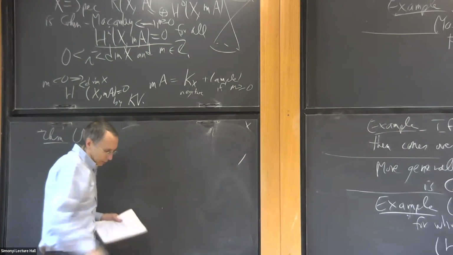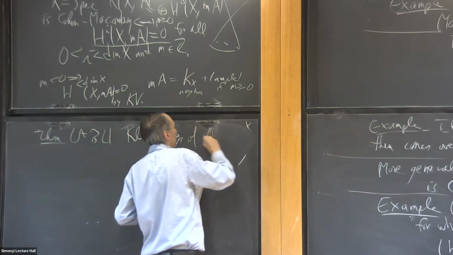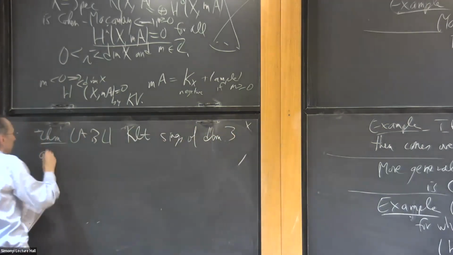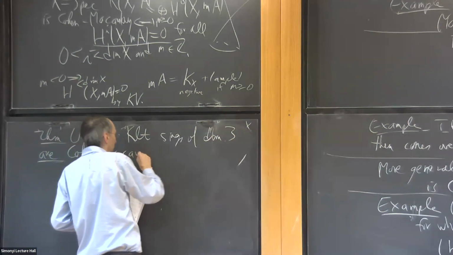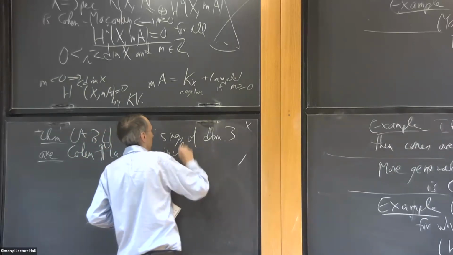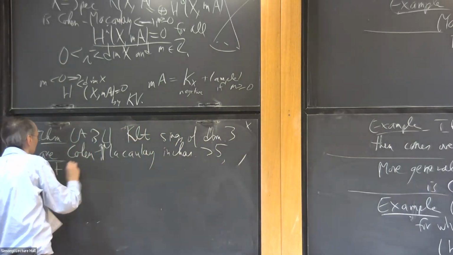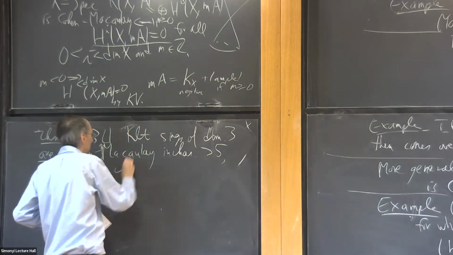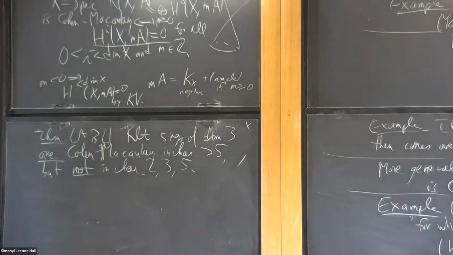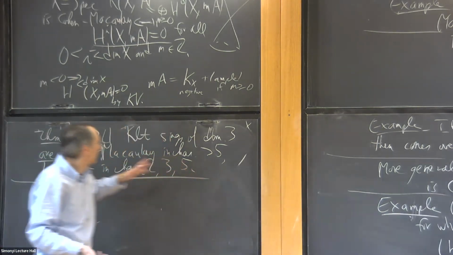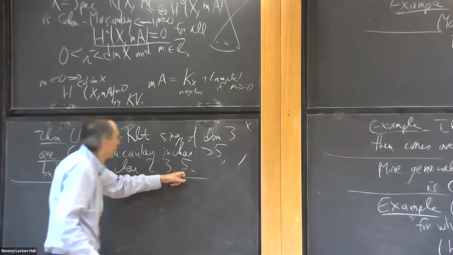Those authors show that KLT singularities of dimension 3 are Cohen-Macaulay over a perfect field of characteristic greater than 5, but not in smaller characteristics, with counterexamples in characteristics 2, 3, and 5. Okay, so obviously this has something to do with the fact that the minimal model program works better in characteristics greater than 5 in dimension 3.